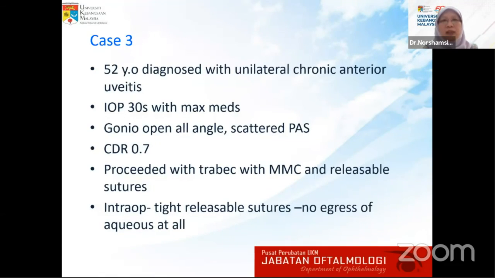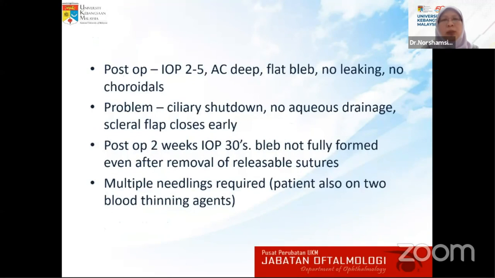The third case is a 52-year-old man who had high pressures on maximum medication, and gonioscopy showed scattered peripheral anterior synechiae and a moderately cupped disc. We did trabeculectomy and MMC on him because of the high pressures. On table, there were really tight releasable sutures, and there was no egress of aqueous at all.